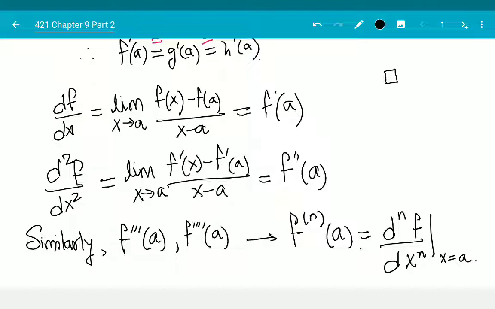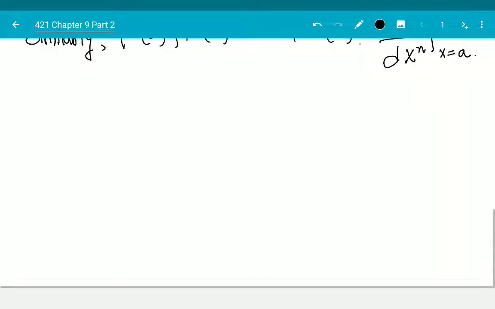We can also, instead of defining the derivative exactly at a, define what is called the symmetric derivative.